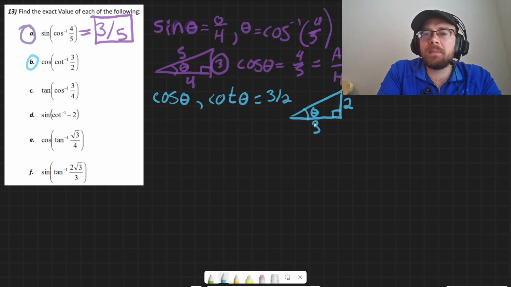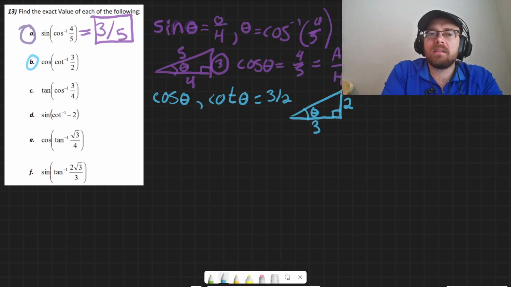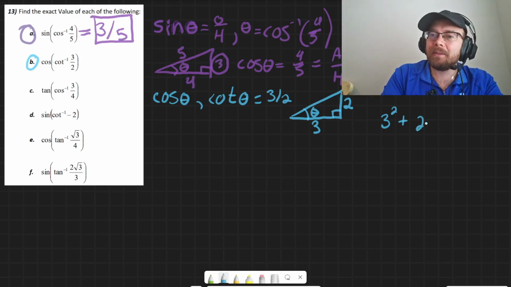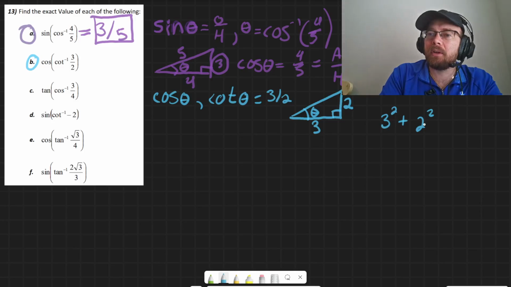So then this would be 3 squared is 9. Let's go ahead and write this out, because this is not going to be a Pythagorean triple this time. So this is going to be a squared plus o squared. Oh, I wrote o squared instead of plugging in 2. A is 3, o is 2. A squared plus o squared equals h squared. 3 squared is 9. 2 squared is 4. 9 plus 4 is 13.